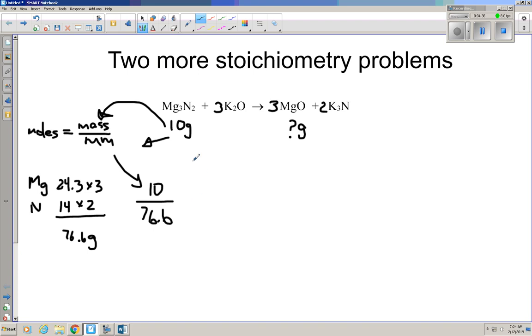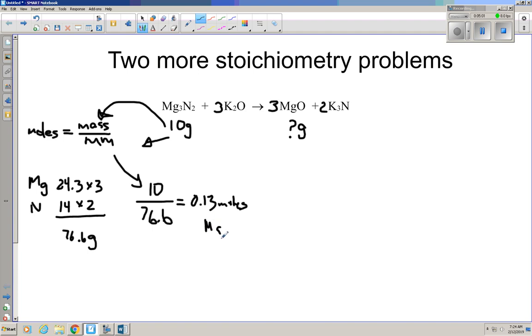What we're saying is it takes 76.6 grams to get to 1 mole of magnesium nitride, but I only have 10 grams. That means I have a fraction of a mole, so I'm going to end up with a decimal number here. If I take 10 divided by 76.6, I end up with 0.13, and this is moles of magnesium nitride.